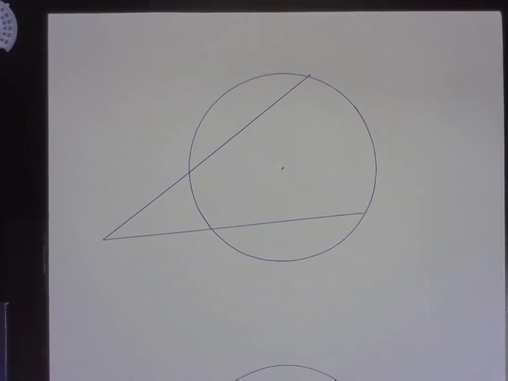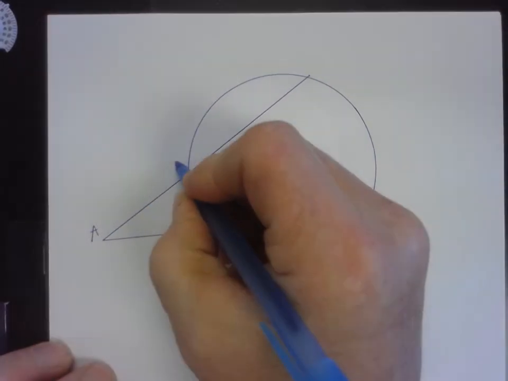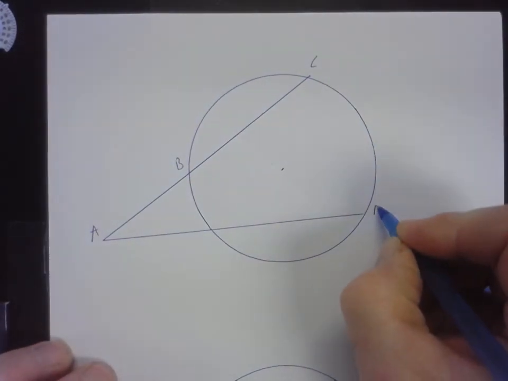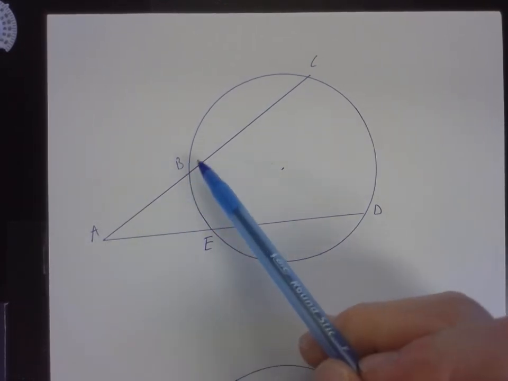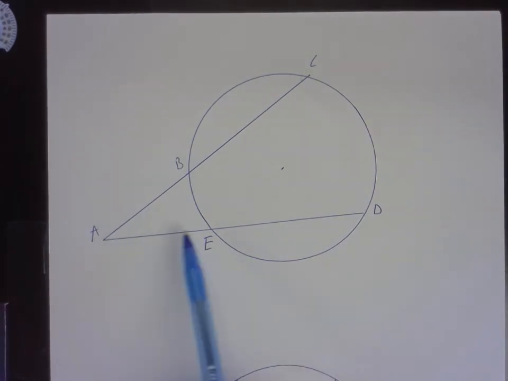Okay? A, B, C, D, and E. So these are secants, aren't they? All right. So AB times BC does not equal AE times ED. Like when they intersect inside the circle, you just take the segments, multiply them together, and it works. That's not how this one works.